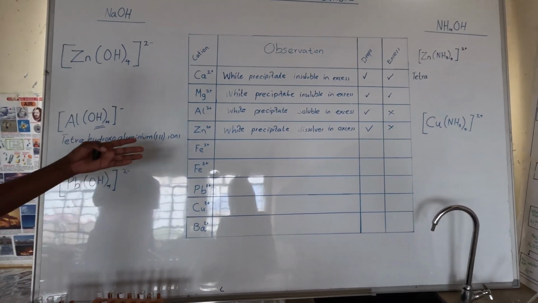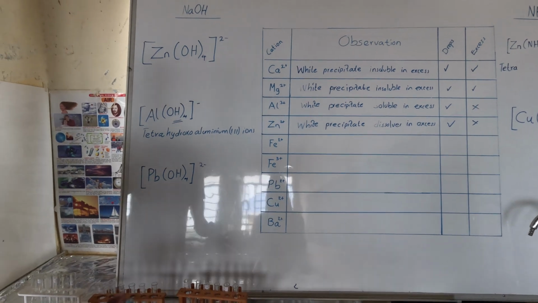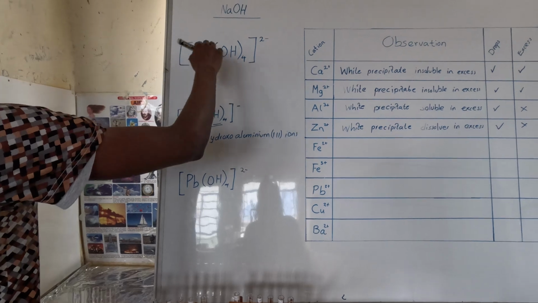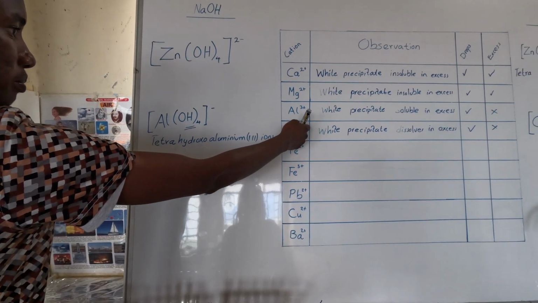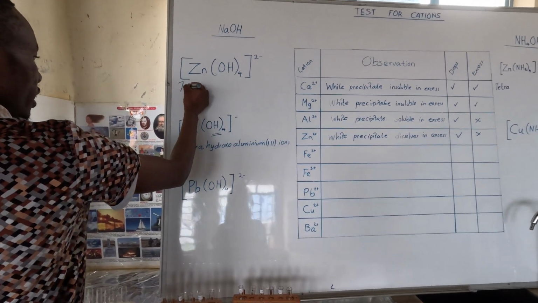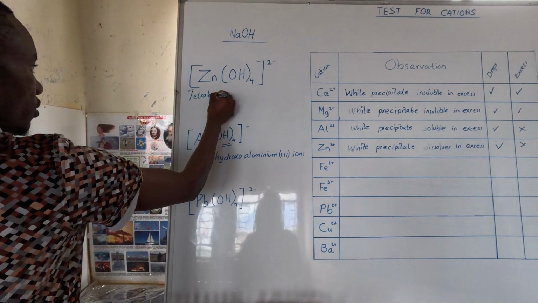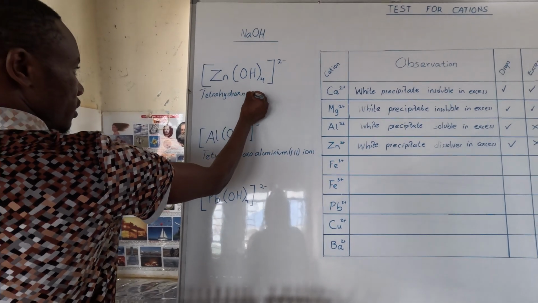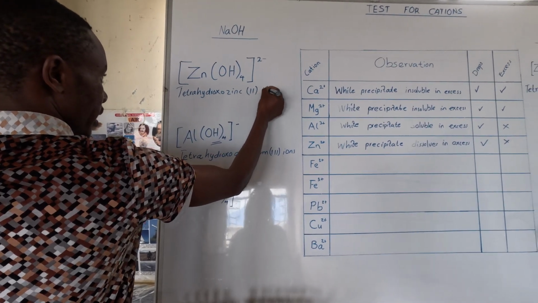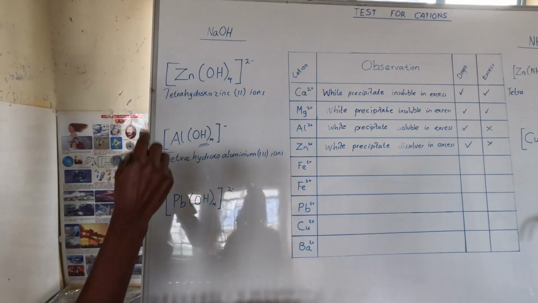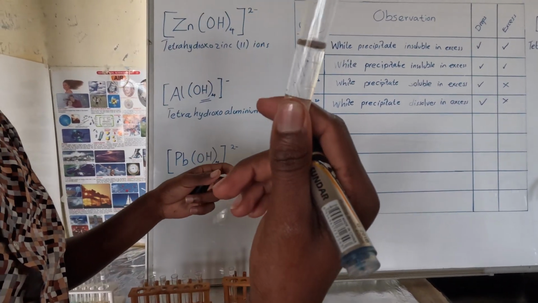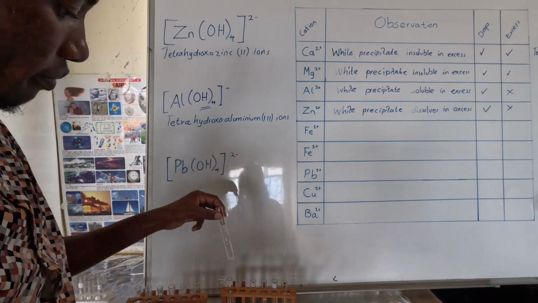Again, due to the formation of a complex ion called tetrahydroxo zinc, as zinc has a valency of two, so zinc 2 ions. So the name is tetrahydroxo zinc 2 ions. They are the ones responsible for this precipitate dissolving.